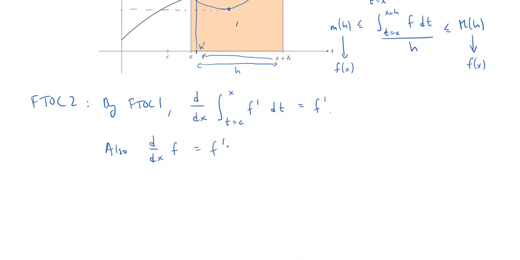So this tells me I have two antiderivatives for f prime. All right, but we know any two antiderivatives for f prime differ by a constant.